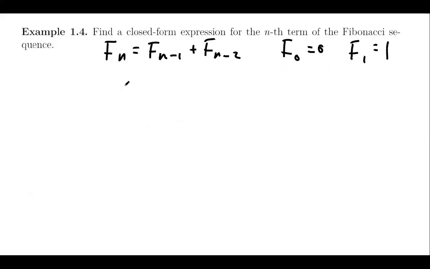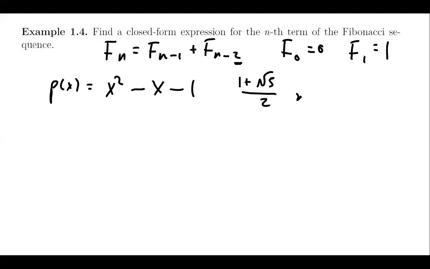So we can see that the characteristic polynomial in this case would have to be x squared because of the 2 here. And then both coefficients are 1, so we have minus x minus 1. And then you can find the roots of this using the quadratic formula or completing the square, but it should give you something like 1 plus root 5 over 2 and 1 minus root 5 over 2.